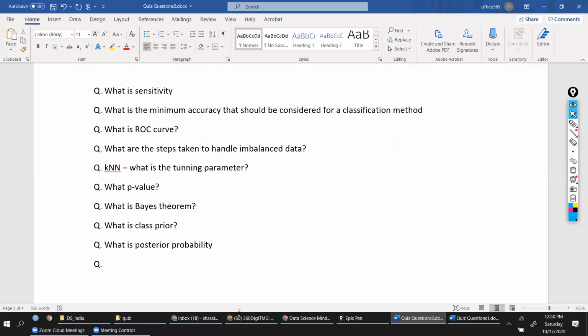Data. Wonderful, Ram. So you need data. If you have more data, your machine can learn better on the patterns and hence it can predict better.